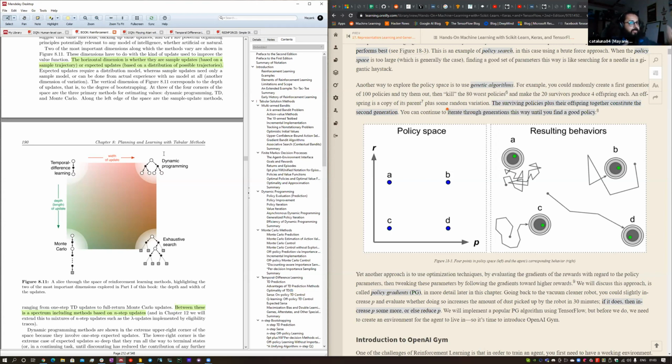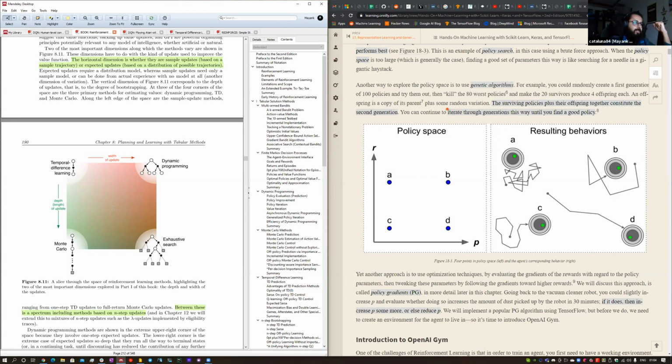So after a policy has been selected, suppose with respect to P and R you have selected D here, the next step, or one of the next steps, is to determine what kind of learning approach we will use.